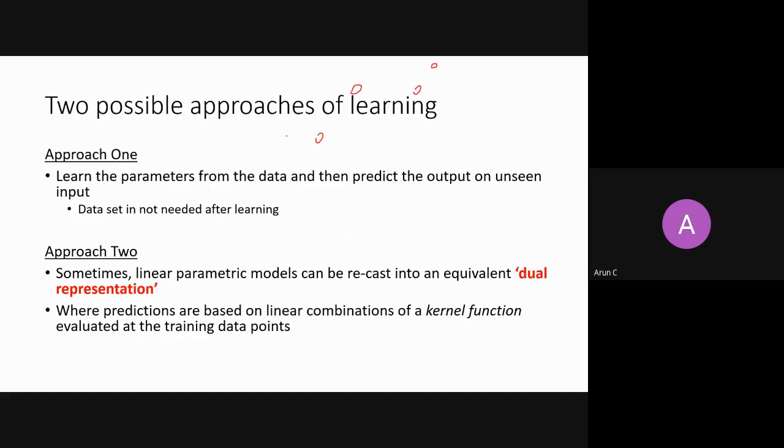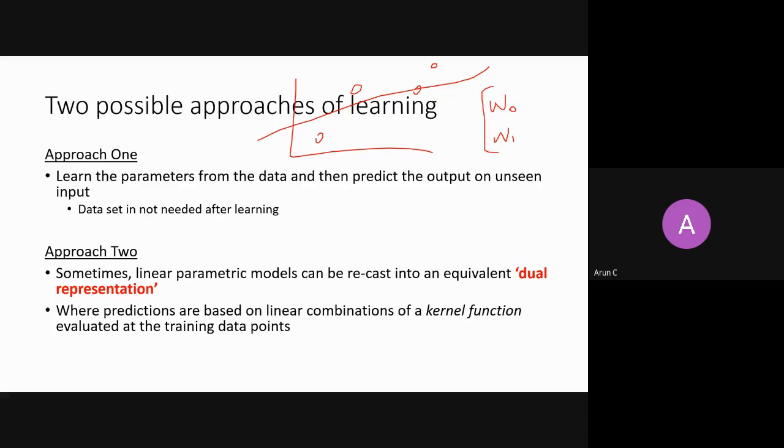You find that you can fit a line to this data. When you find this line, it means you know the intercept and slope. So you know W0 and W1, these two parameters.